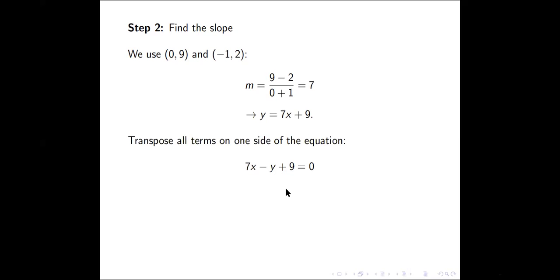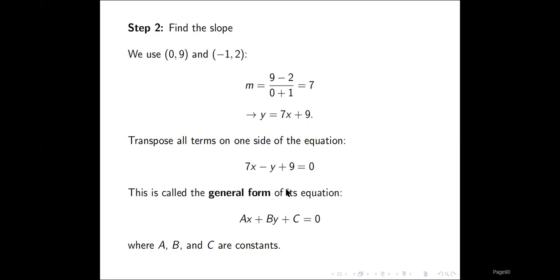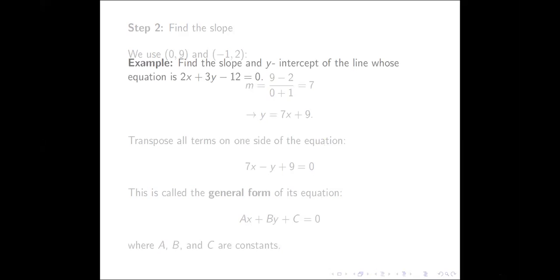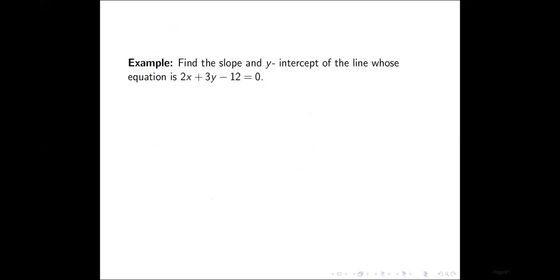So we call this the general form of an equation of a line. And generally, the general form is written this way: ax plus by plus c equals 0, where again, a, b, and c are constants.